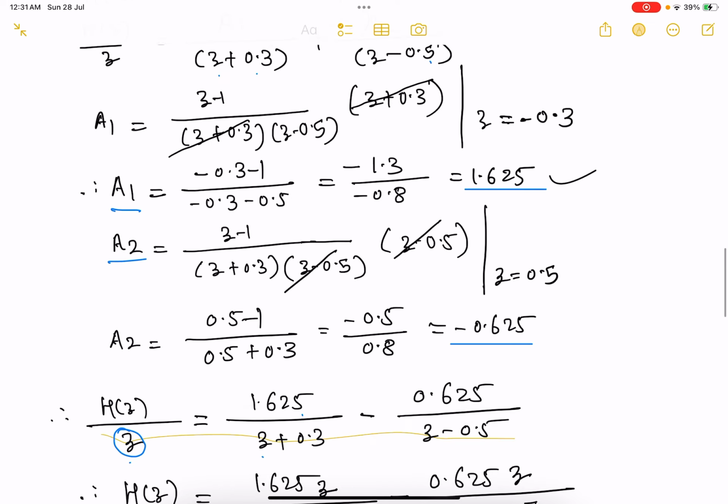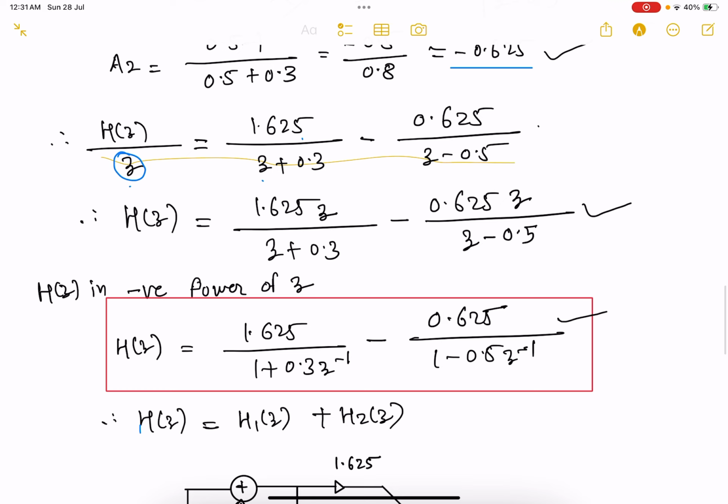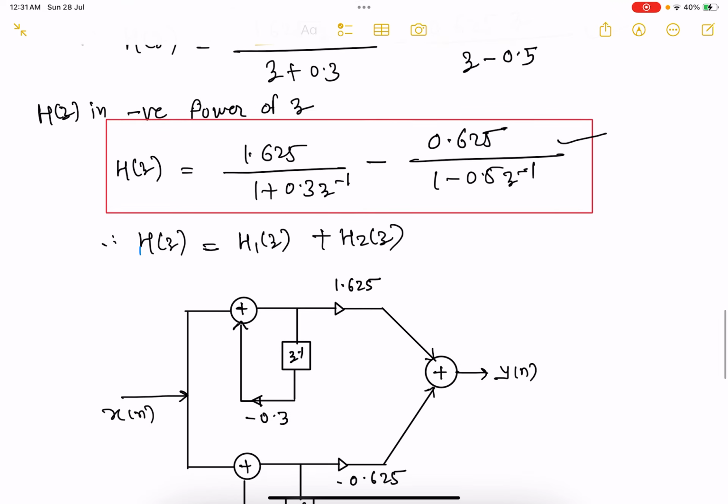So substitute the values in the above equation. We can get this equation. Again, this equation is in positive power of z. Convert it into negative power. We'll get this equation, and we'll draw the realization block diagram as the sum of H1(z) and H2(z).